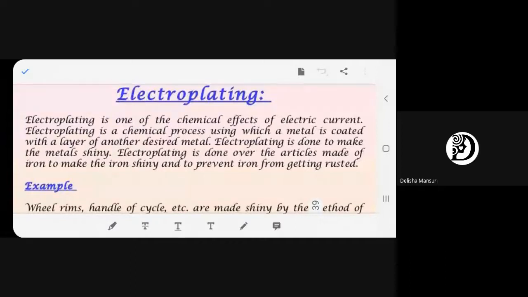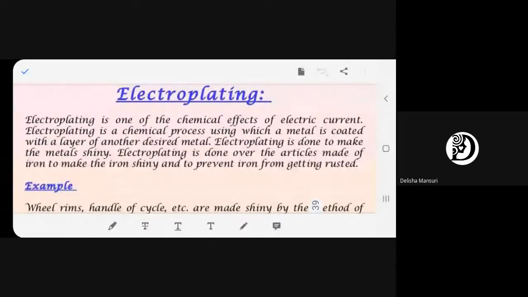Electroplating is done to make the metals shiny. Electroplating is done over articles made of iron to make the iron shiny and to prevent iron from getting rusty. There has to be some reason, isn't it? Why are we doing electroplating? Are we mad to do electroplating? Because electroplating is expensive. Why do we do so?